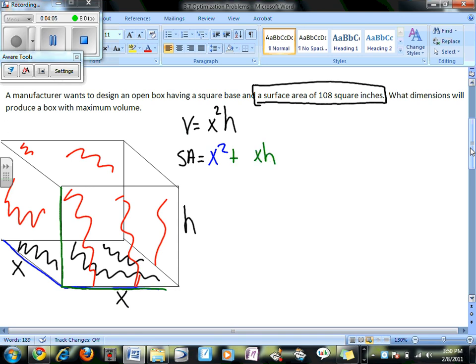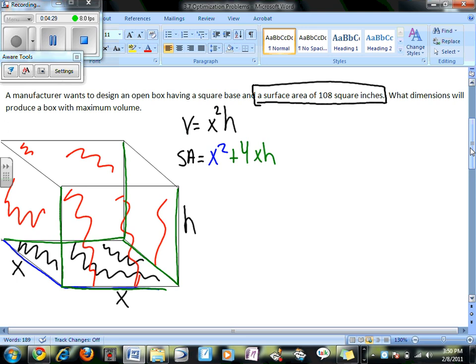And the rest of them are also going to be x times h, so we're going to have 4 sides that are x times h. That is our equation for surface area. Notice we didn't find the area of the top because the problem tells us it's an open box, so we don't have a top.